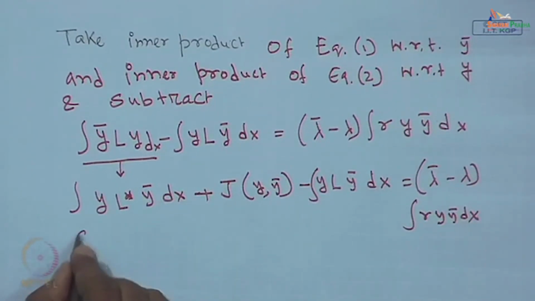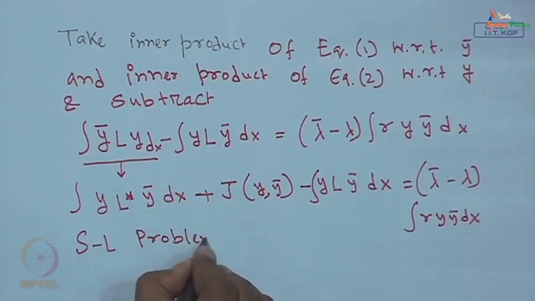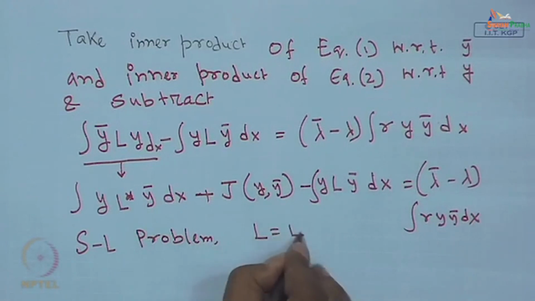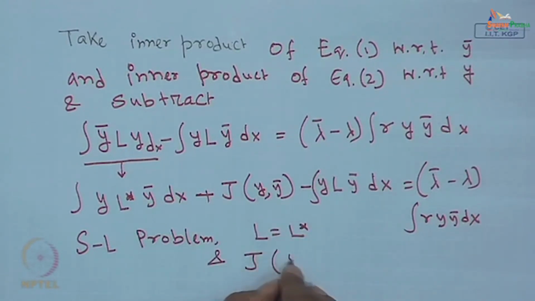Now, since it is a Sturm-Liouville problem, we have L equal to L star, and J between y and y bar is equal to 0. The bilinear concomitant vanishes, and the operator is self adjoint. Once we know these facts, we can simplify the equation.